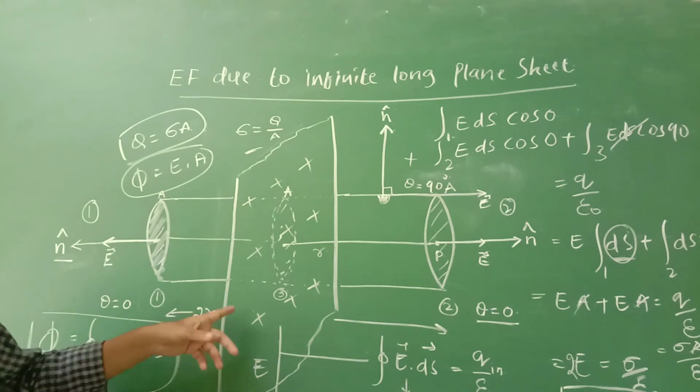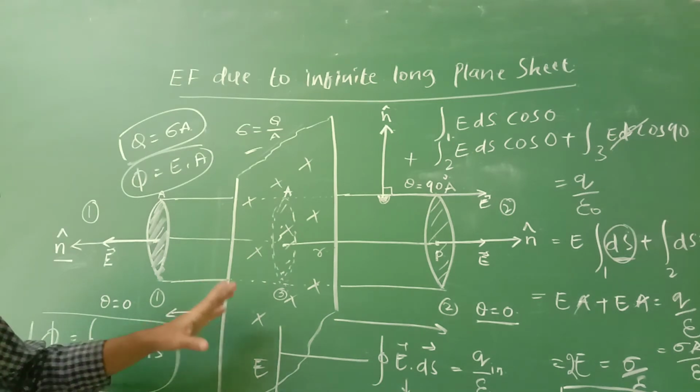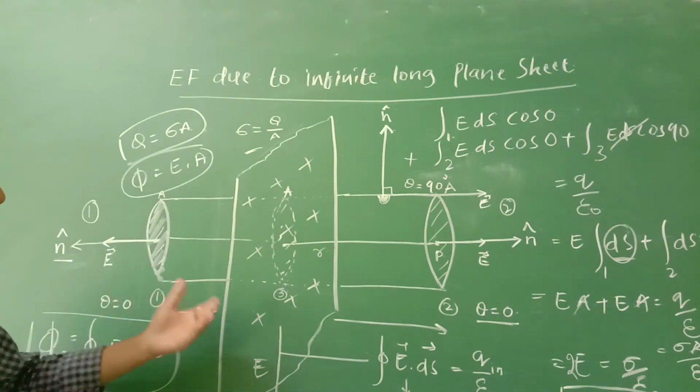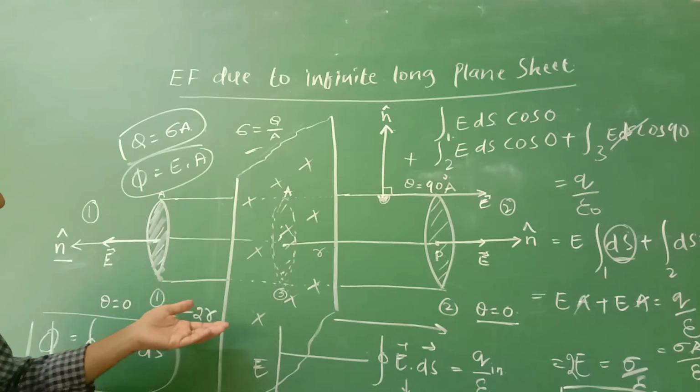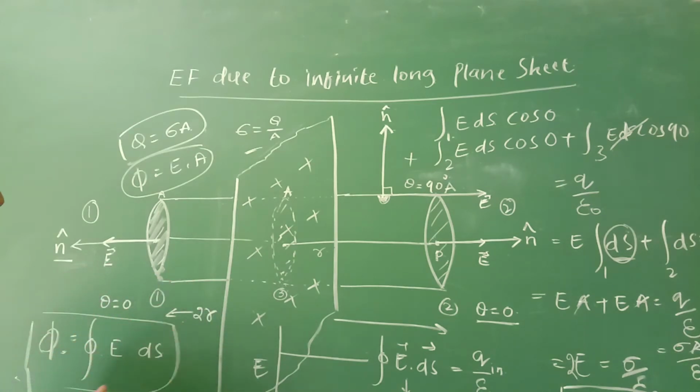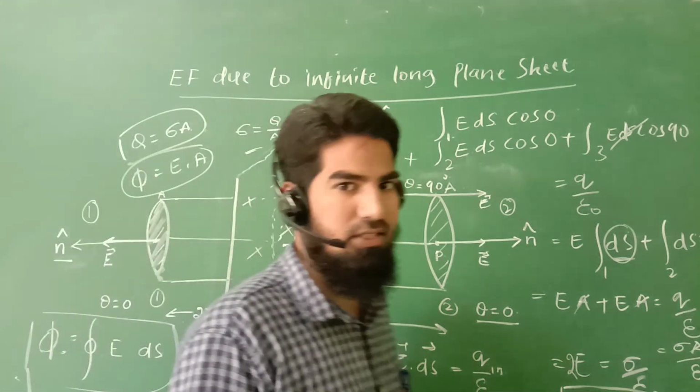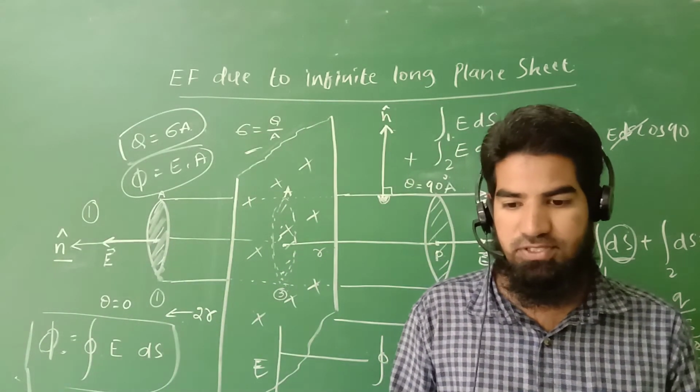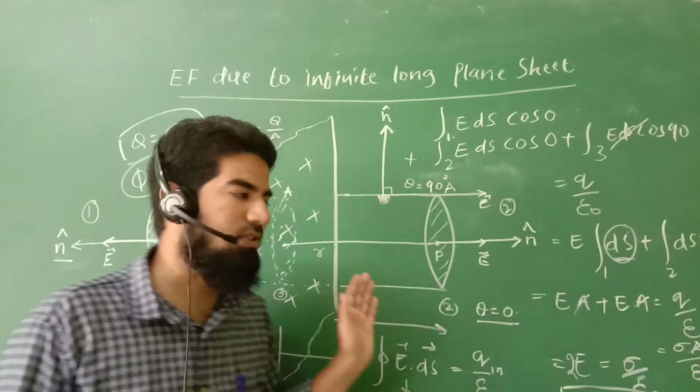Because this is a non-conducting sheet, it will not produce the field on the outer surface. That's why we consider only one layer. This is the difference between conducting and non-conducting plane sheets. You have to remember these things.